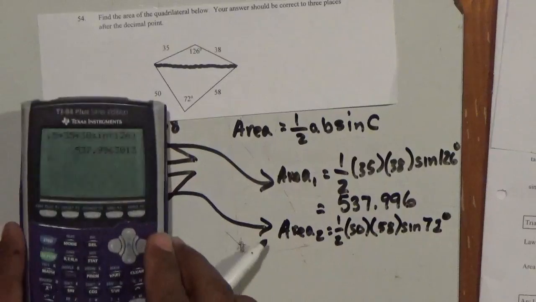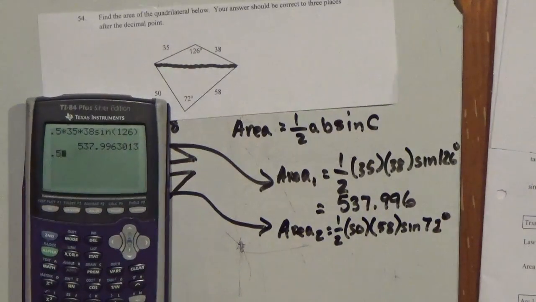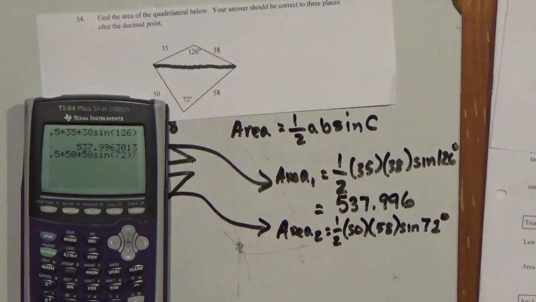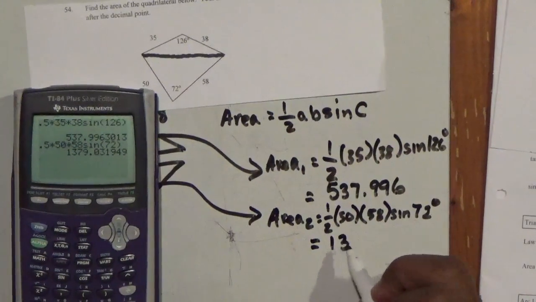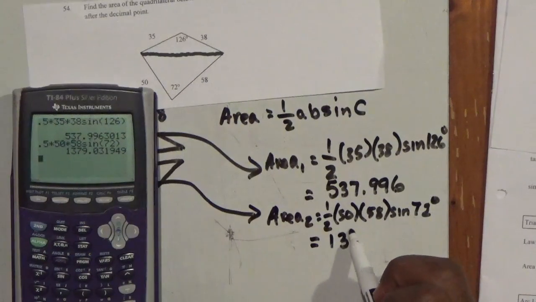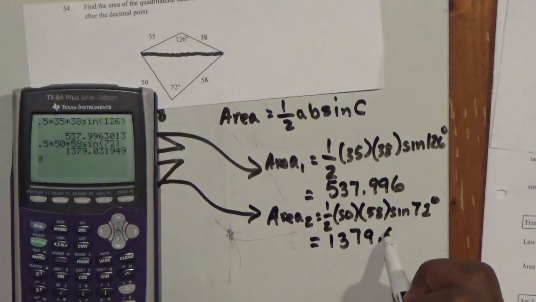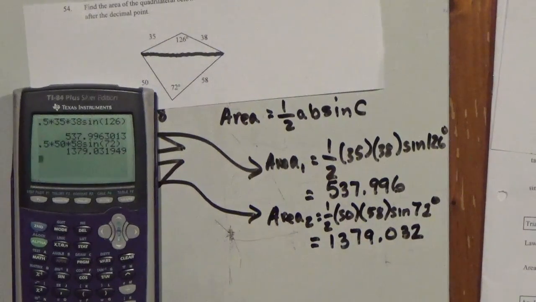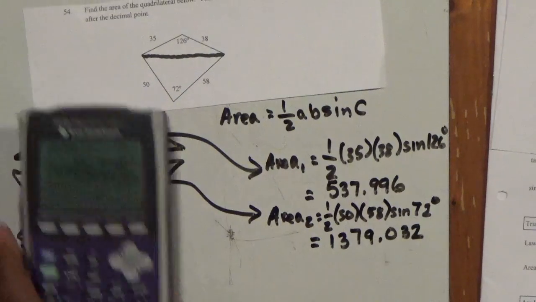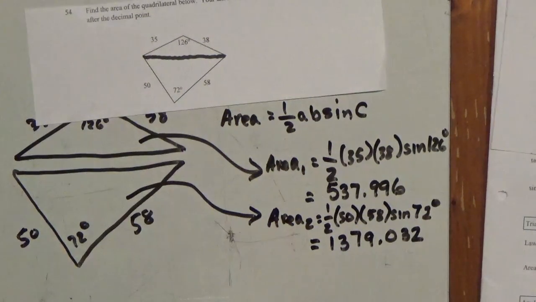Let's get that again: 0.5 times 50 times 58 sine 72. That's going to give us 1,379.032.